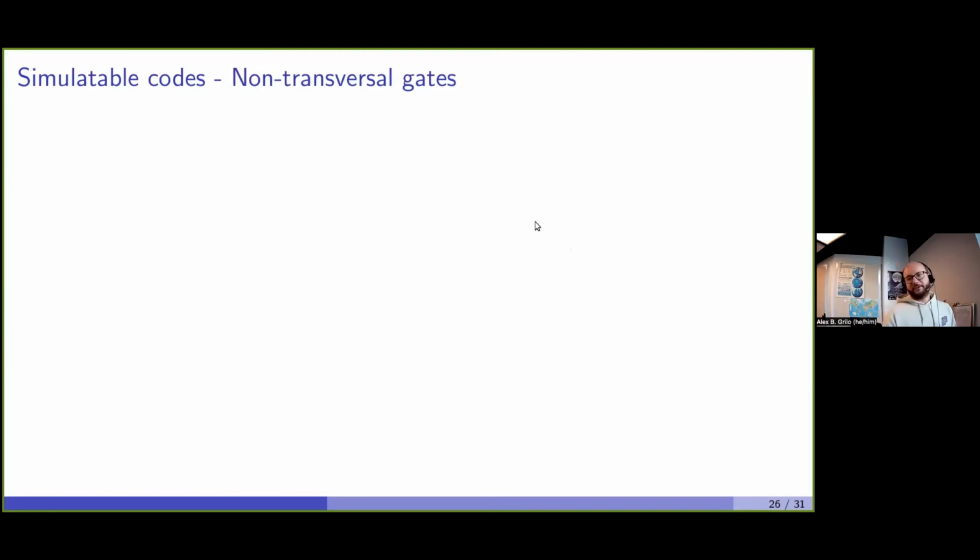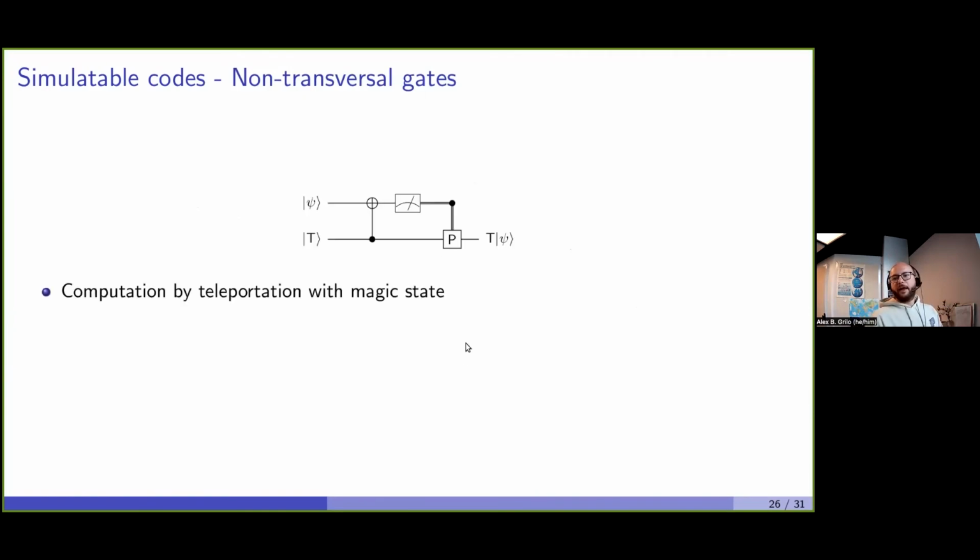And the hard part, usually, with computing on encoded data is having non-transversal gates. And for that, what we usually do is computing with magic states. So the idea is that if I give you, for example, a T magic state, and I have a qubit psi, you can use this circuit that allows you to compute the state where you apply the T gate on psi.